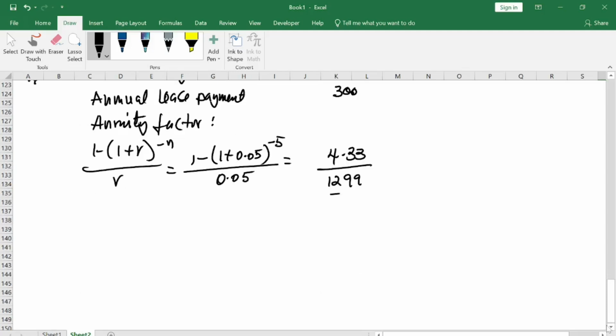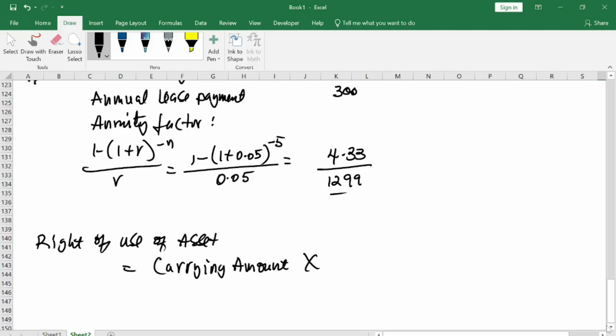So now that this one is also clear, we now find our right of use of assets. Our right of use of asset under sale and leaseback follows a certain formula. The formula for determining the right of use of assets is you have to know your carrying amount, multiply by the lease liability, then divide by the fair value of the assets.